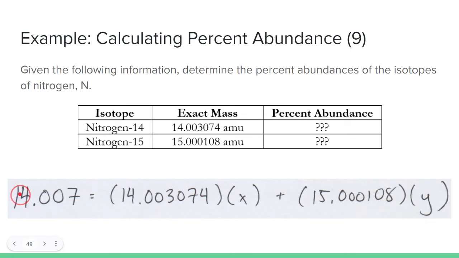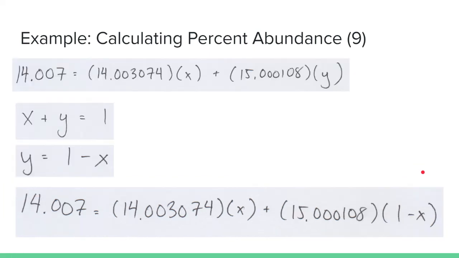I know what my average atomic mass is because I can grab that from my periodic table. Now, even though I have 2 variables right now, we just said that x plus y must equal 1. I can then set up a system of equations to substitute my variables back into this equation to solve for at least one of the variables first.